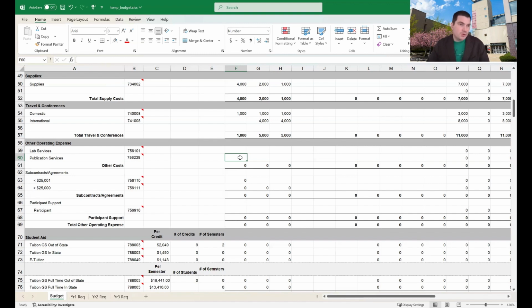Journals have fees to publish, right? And for the most part, these publication fees depend on the journal. For most journals, the fee for just publishing is going to be $1,000.